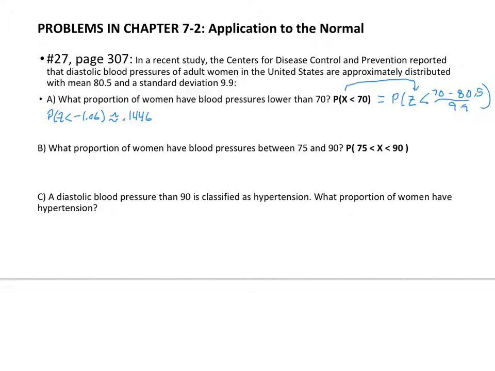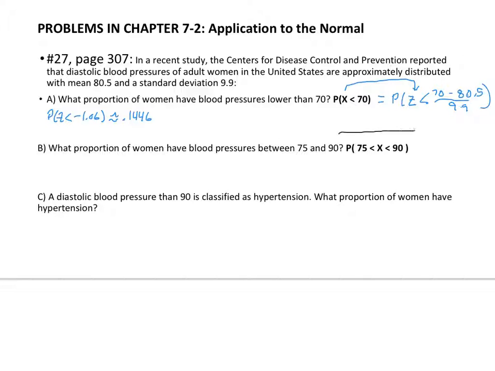So the idea was we transfer this to a z interval and we can do the calculations right away. Notice we can do the calculations right away because it's less than, and our table works that way. Let me show you what we're talking about.